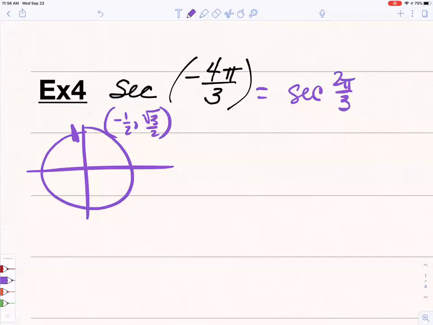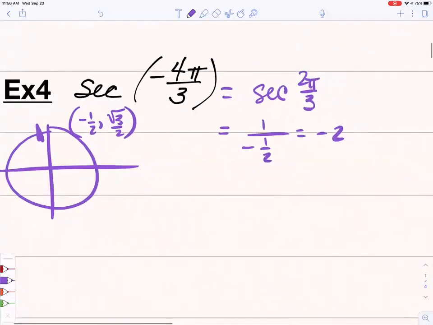Reciprocal of cosine, which is going to be the reciprocal of the x value. So you could say this fraction here is showing you the reciprocal of the x value. Okay, so that's the showing the work part on that.